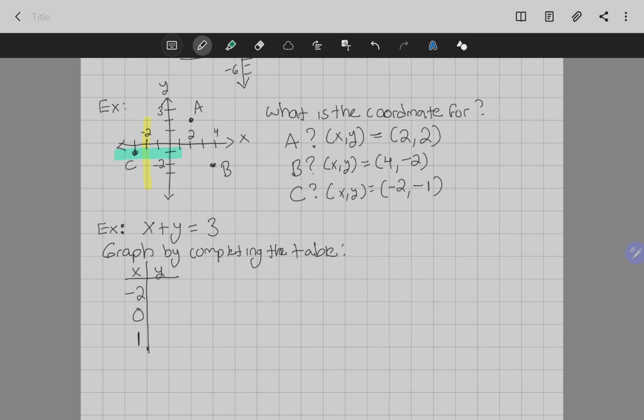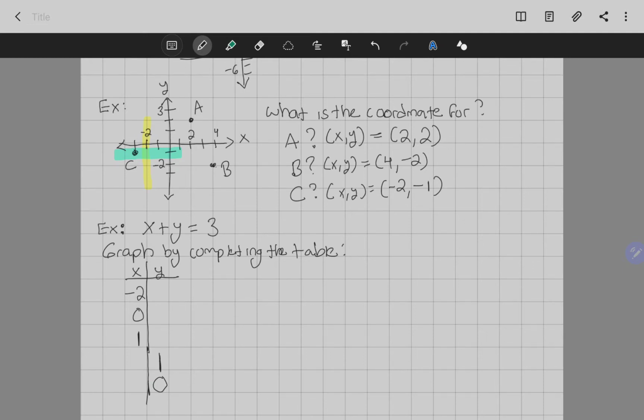And then they also give us one more, y equals 1.